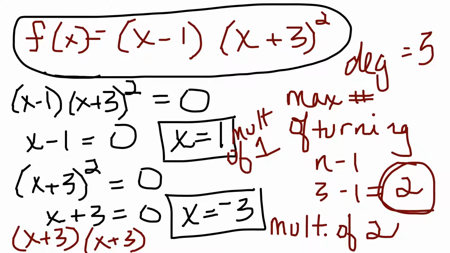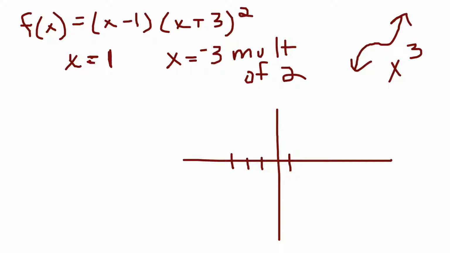So with our degree of 3, let's just summarize what we have on this new slide. We see again that we've got this particular shape going on, similar to x cubed. I have 3 zeros. I have x equals 1 with a multiplicity of 1, and x equals negative 3 with a multiplicity of 2.